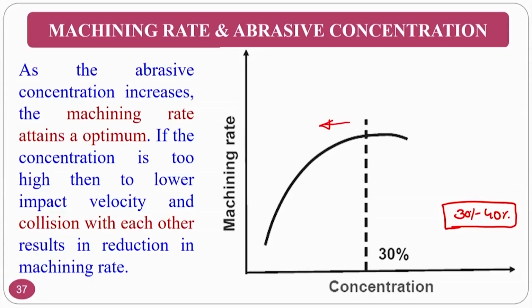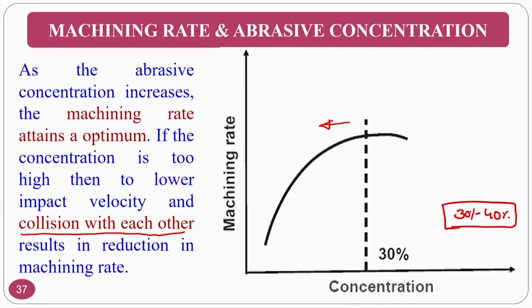So, the velocity may go down. If the collision among the particles is very high, the velocity at which it has to go and hit the workpiece will go down. If it goes down, the material removal or the machining rate will reduce.